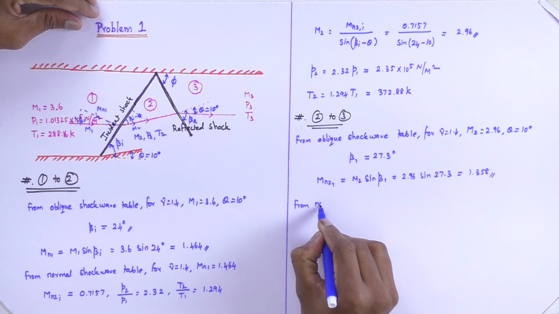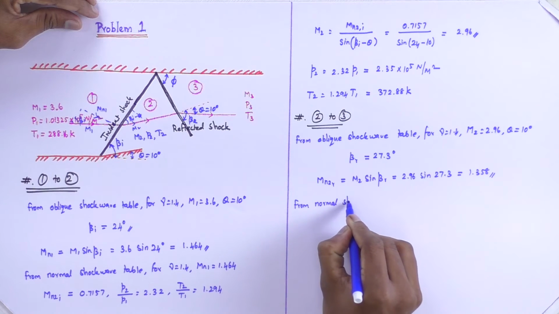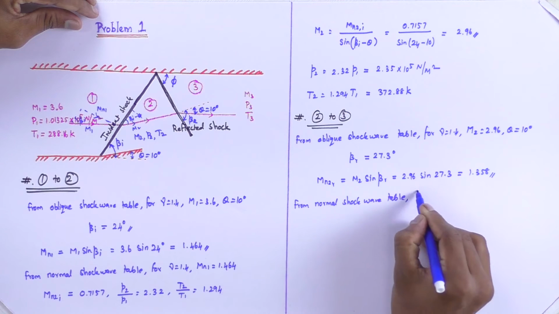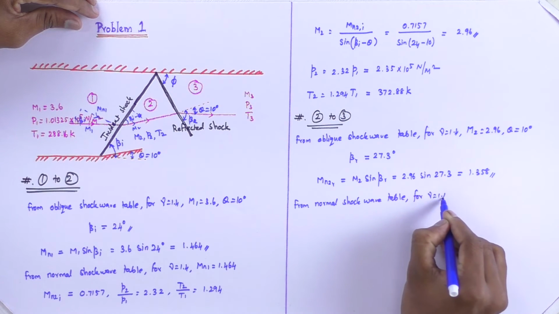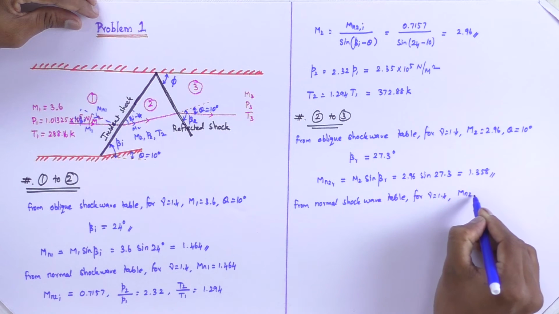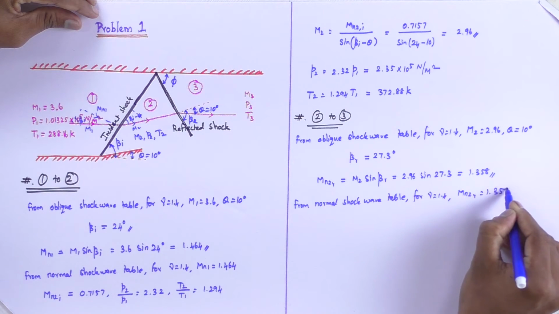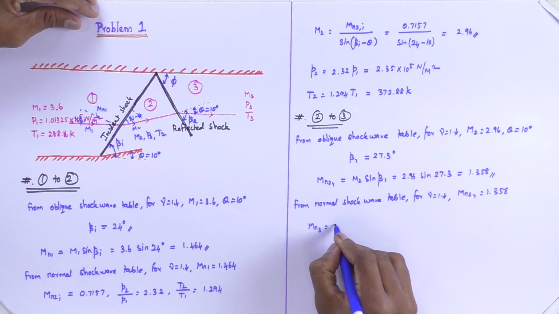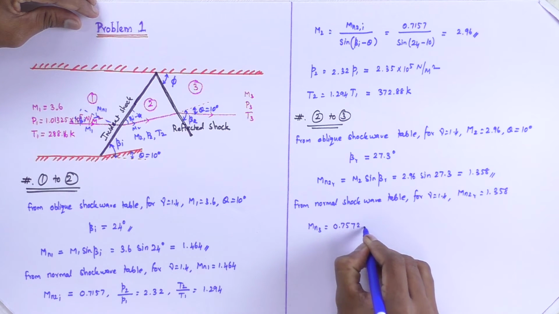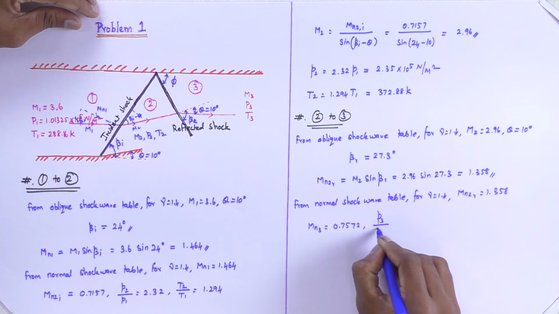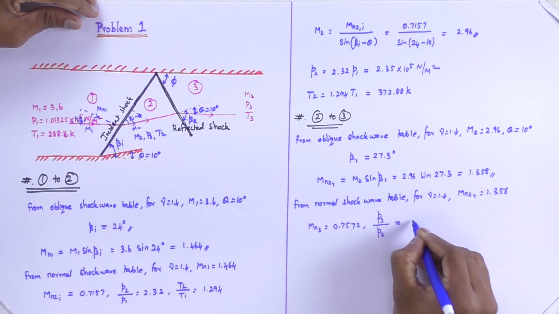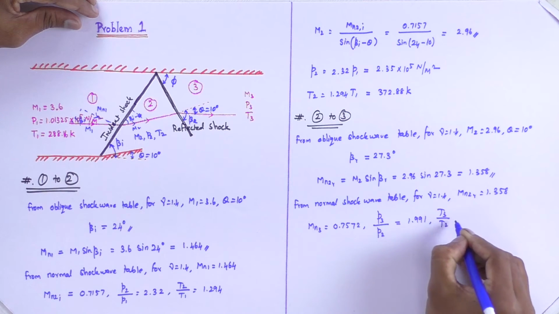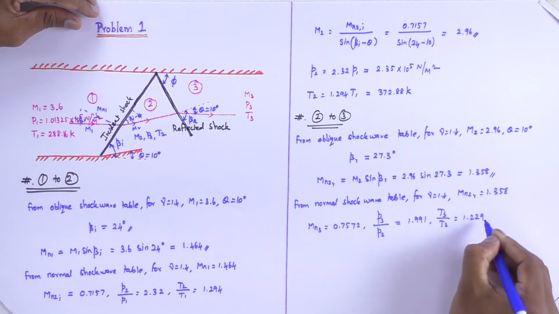From the normal shock wave table, for gamma is equal to 1.4, Mn2R is equal to 1.358, we can refer the Mn3 value, that is 0.7572. Then the pressure ratio P3 by P2 is 1.991. Then T3 by T2 is equal to 1.229.